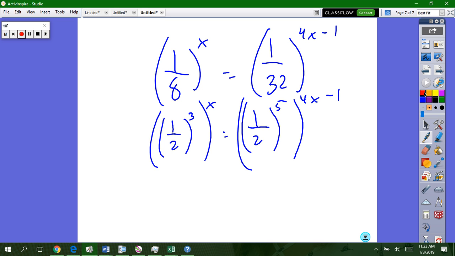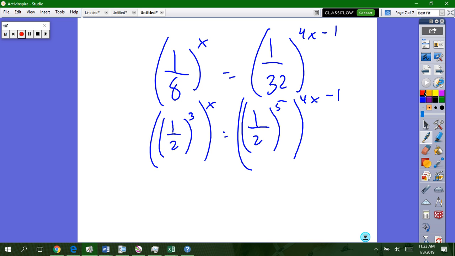So the key thing though, guys, is I have to get to the same thing. When we're not able to get to the same base, that's when we go to logarithms later.